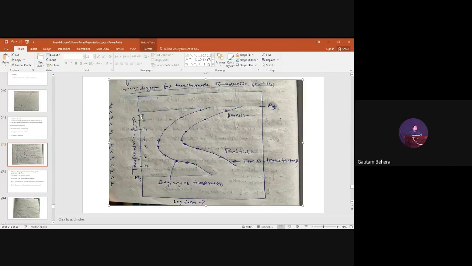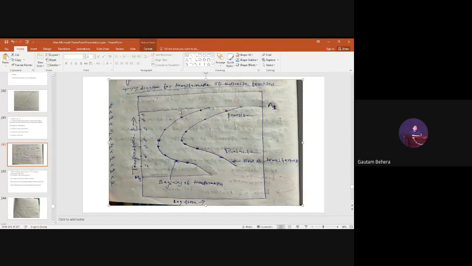Right? Suppose initially our steel is at this temperature. Now this steel is taken to a temperature of this much, T1. The steel is now held at this temperature for an interval of time. So what will happen? You can see there is no transformation initially.